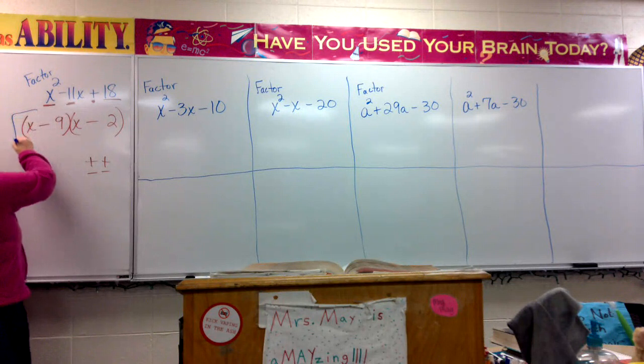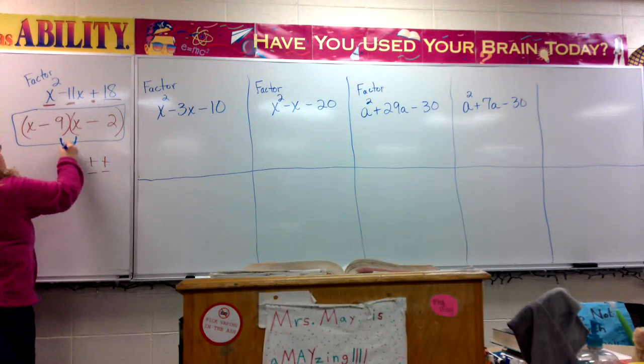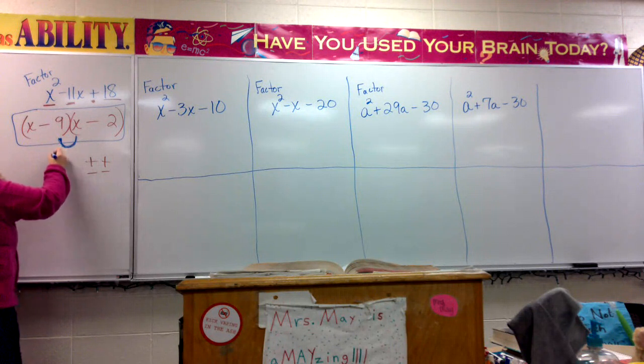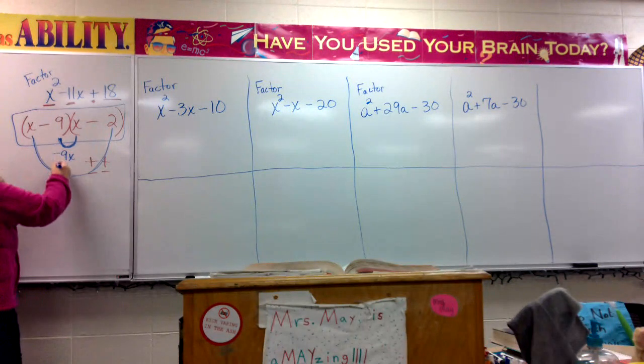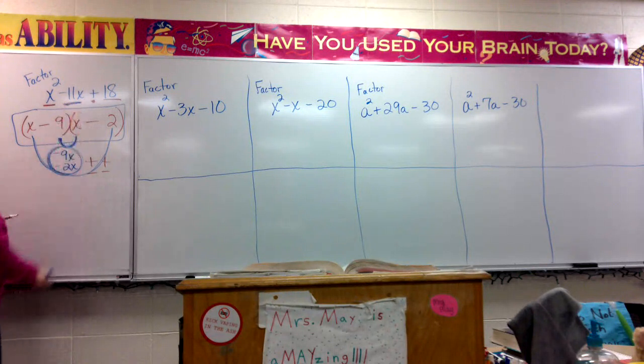And I forgot the inside, outside, double check. What do you get right here for the inside? Negative 9x. And what do you get for the outside? Negative 2 times x. When you combine those, that answer should be what's in the middle up there, right? The inside, outside, double check.